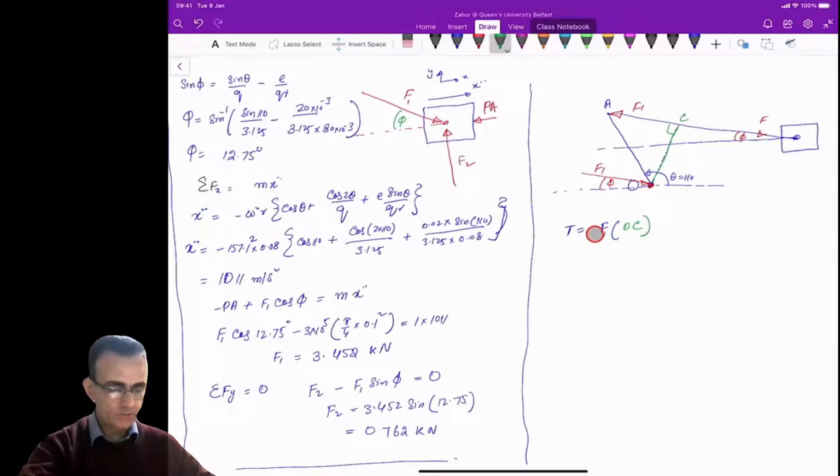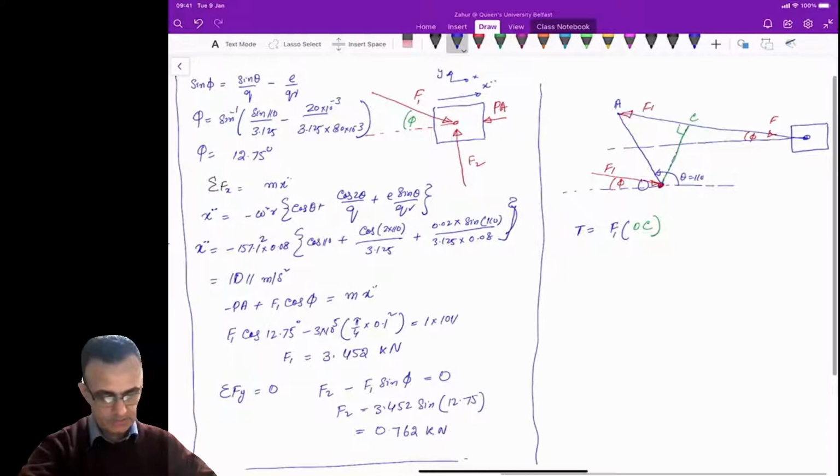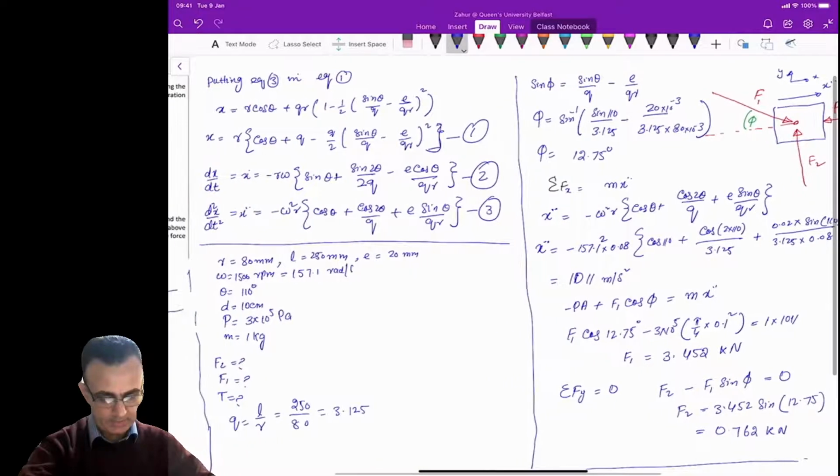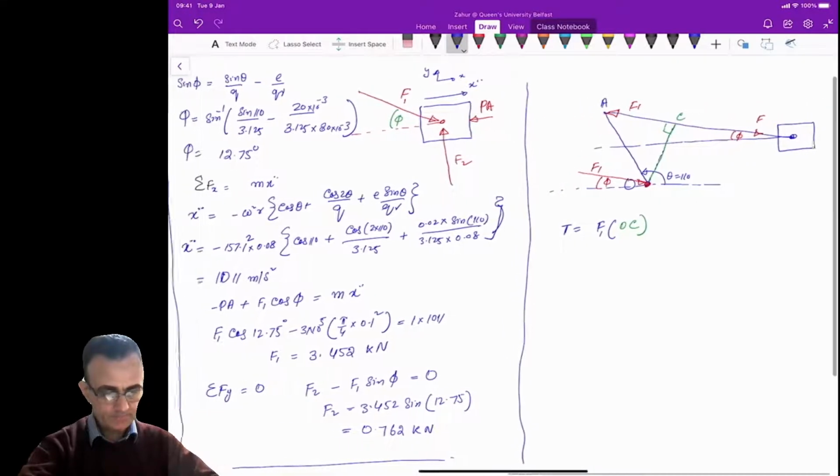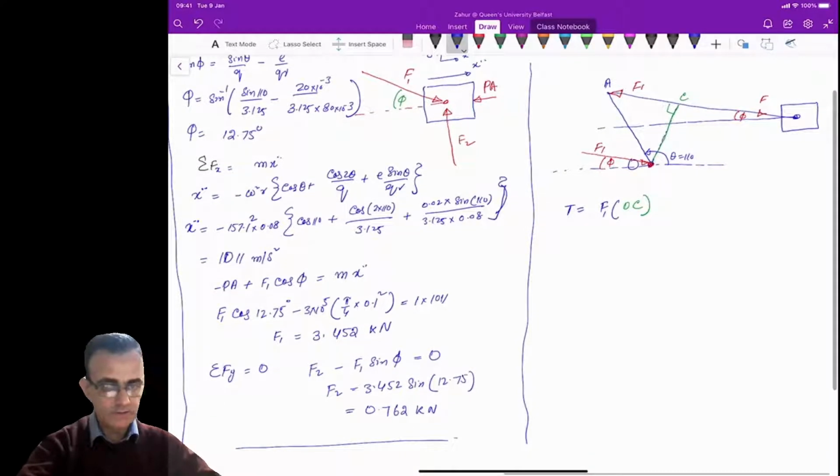We already know F1, but now we need to calculate OC, which we can calculate from the geometry here. Because OA is given, which is R, which is 80. So this distance is given, which is 80 here.